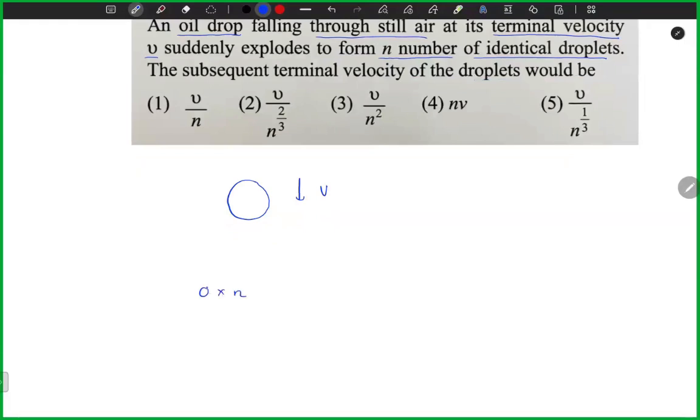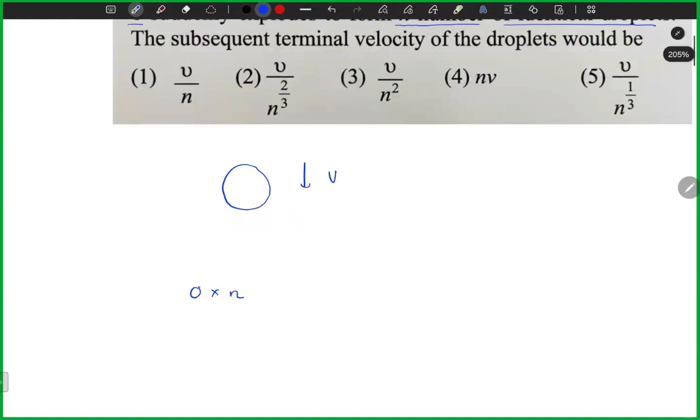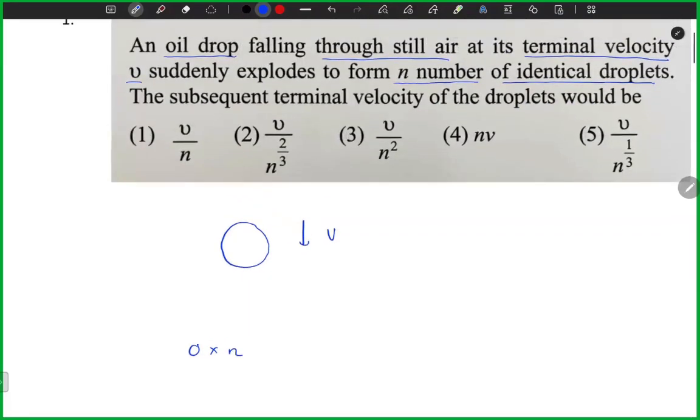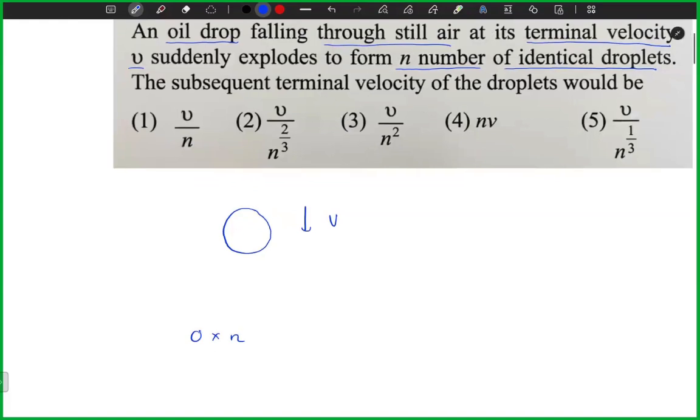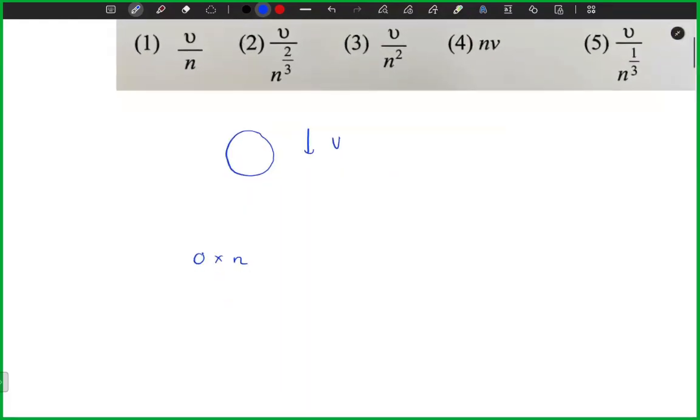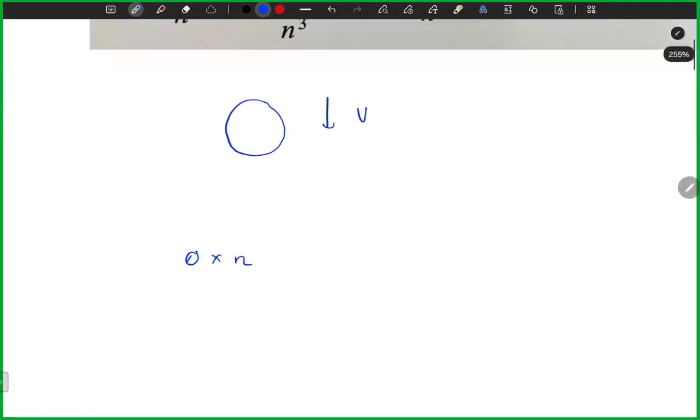Identical droplets. So we have n number of identical droplets. The subsequent terminal velocity of the droplets would be, okay, so the droplets would have what? A terminal velocity of, let's say, v dash, because we don't know the terminal velocity of the droplets.